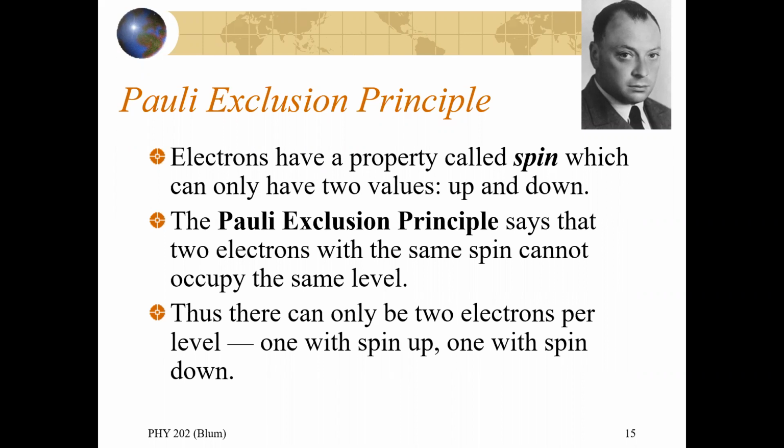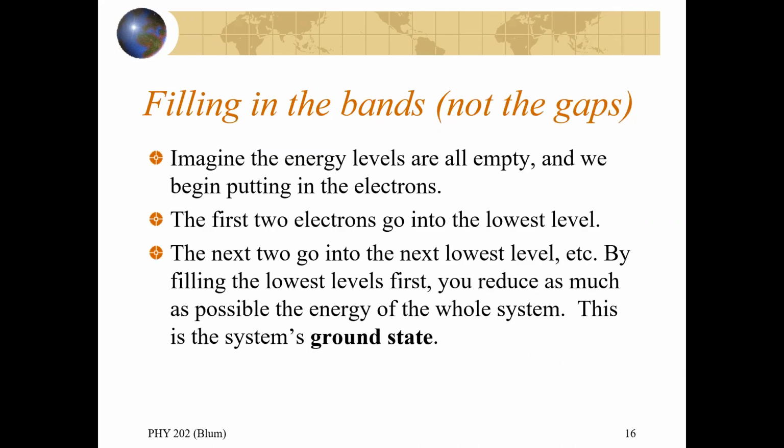Then the level's full, there's no more room. You have to go to another level. There might be a nearby level, or the next level may be far away. That's part of the question we're going to ask. But if there are 2 electrons in a level, it's full, it's done, next level.